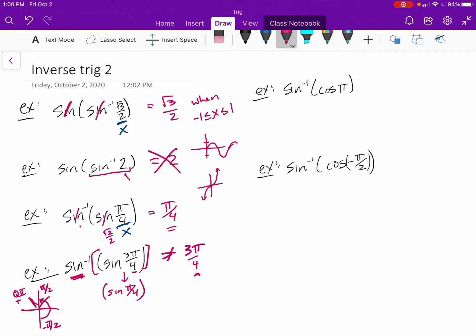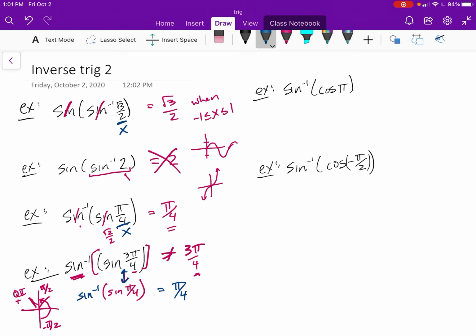And now we're back to the problem right above. I'm allowed to do this because these two are equivalent. And now sine inverse and sine cancel, and we do in fact get pi over 4. So be sure to pay attention to the domain of each. Make sure that if you do use these canceling rules, that it in fact works.